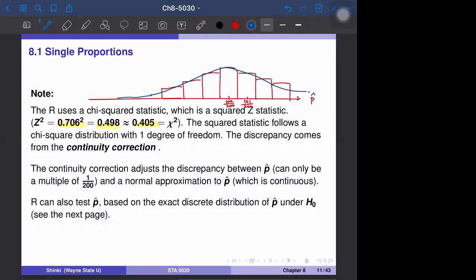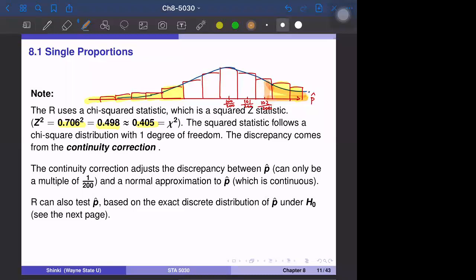If we take, for example, 102 over 200 here, then the p-value should be the area here, and possibly the other way around, the area here also. But we do normal approximation. So the actual probability we calculated is from here to here, along this curve itself. So this yellow area and orange area are different.